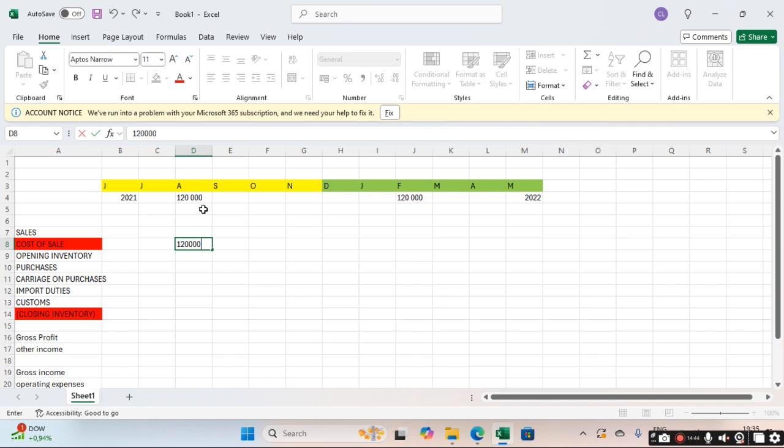You divide this 120 by 6, because it's 6 months. When you divide by 6 months, you are left with 20,000. So every month they're paying 20,000, and then you say 20,000 times 12 to get that 240, the total amount of rent for the year.